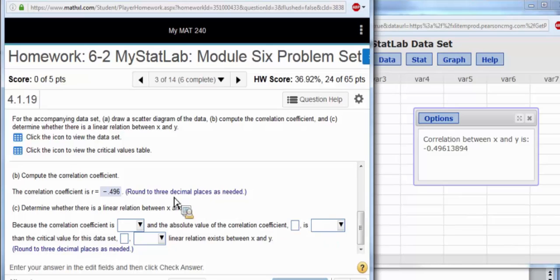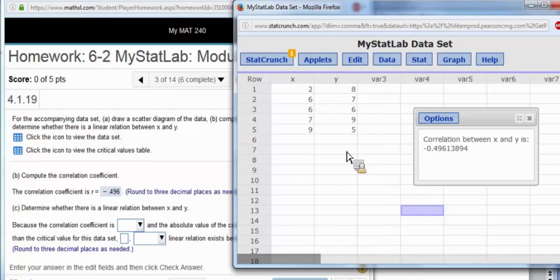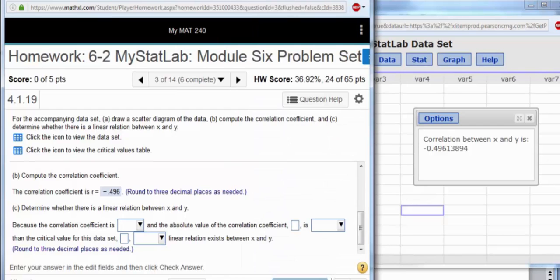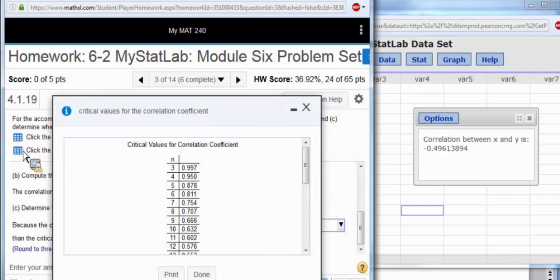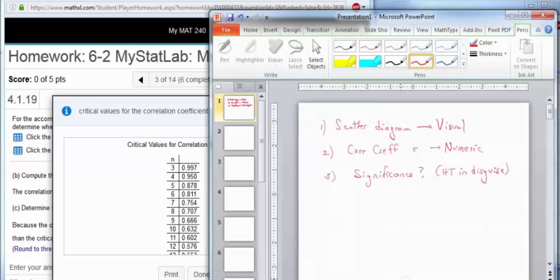Is there a linear relation? Well, how many points were there? There were 5 points. So here's a long way of doing it. There are 5 points. So we click the critical values, 0.878. So the picture for that means, remember the correlation coefficient is between -1 and +1. That means 0.878 and beyond is the rejection region.